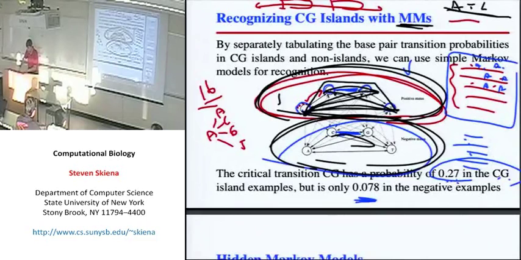If this is where the CG island is, the probability scores in this region should be higher for the island model than here. And outside this region, the probability scores will be higher for the other model. Does everybody see this? So this idea of 2 separate models seems good if it's just to tell the difference between me and you. But if we have something that is transitioning between the 2 of them, this does not seem so good anymore. Does everybody get that idea?